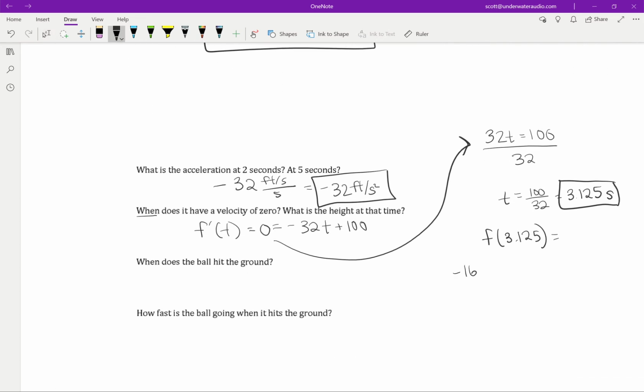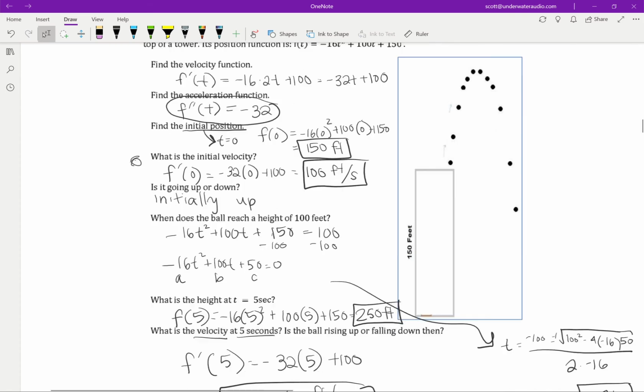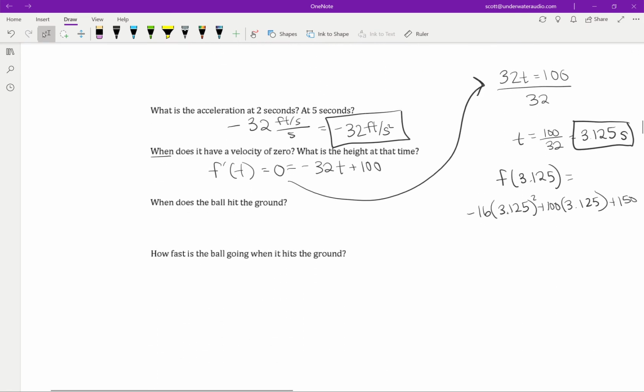So negative 16 times 3.125 squared plus 100 times 3.125 plus 150. I should double check that I wrote that down right. It's negative 16, 100, 150. Okay, bingo, I did write that down right. So the last thing to do is plug that into a calculator.